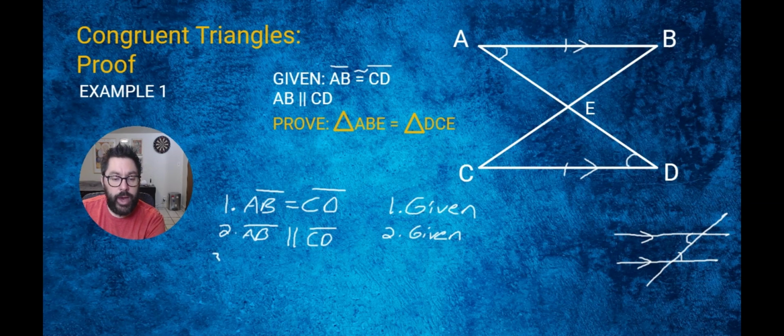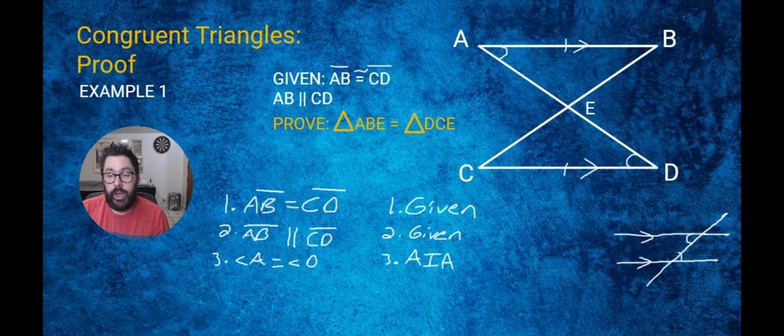So we know that angle A is the same thing as angle D. And I'll abbreviate: alternate interior angles. So we know angle A and angle D in our picture are the same from that given clue.